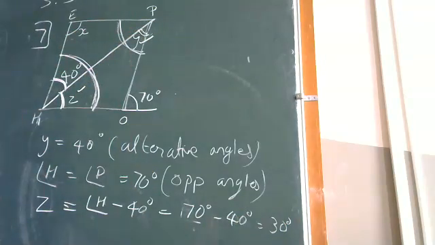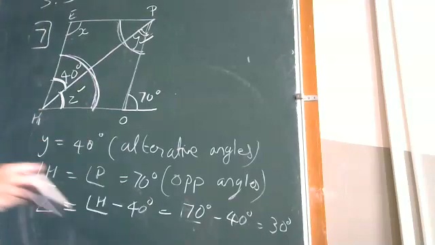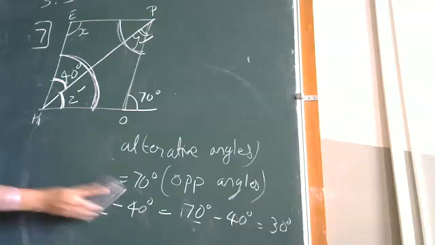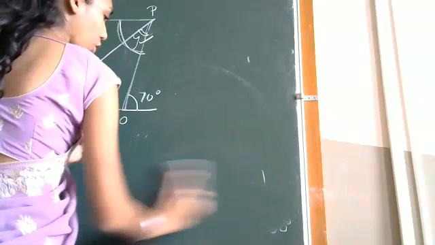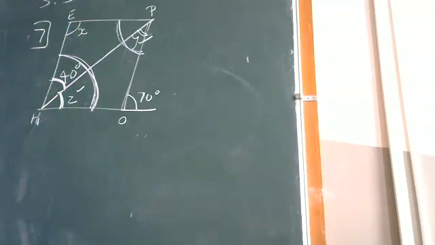We need to find out what is X. Correct? Only x is remaining now. Yes, ma'am. So I will erase this. Did you copy down? I will write x over here. Okay. So now we should go to find what is x. So this is the angle x. So how do I find angle x?